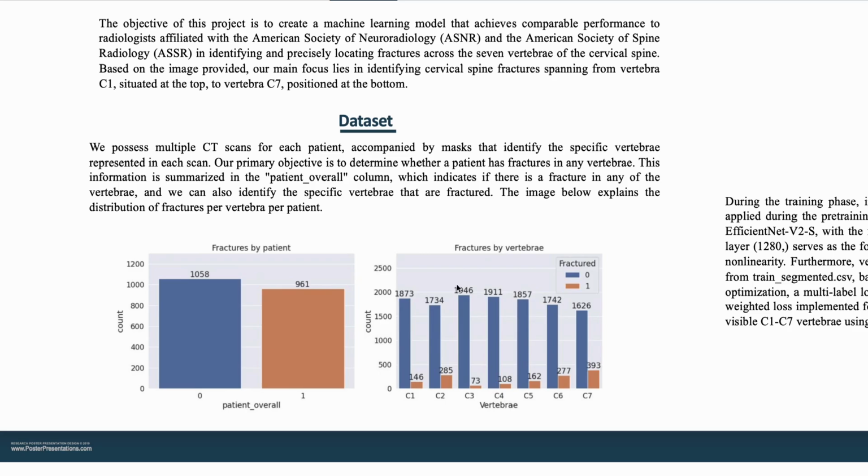Now, when we come to the right figure, we see that the distribution amongst the different vertebrae from 0 to 7 is pretty similar. They're not very skewed. So this shows us that our training data is pretty balanced.